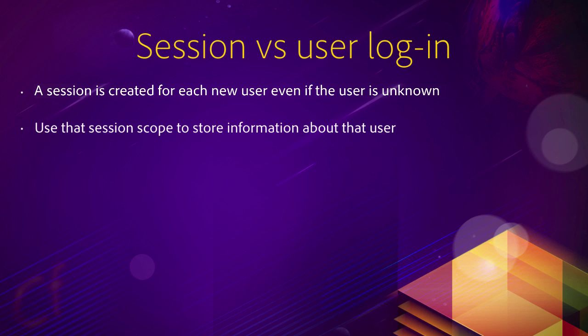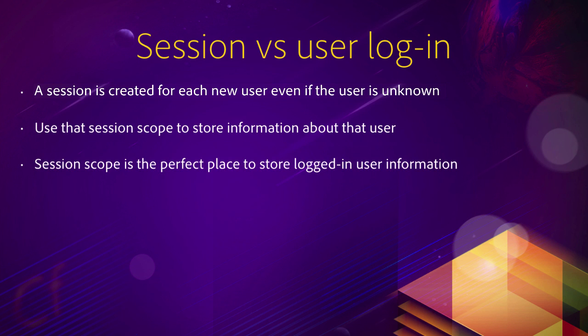When you browse an online store, you first put stuff in your shopping cart, and then you proceed to checkout, where you finally identify yourself to the application. It means that when you were browsing the online catalog, the application had to maintain your shopping cart, even though you were not yet logged into the application. Of course, if you set up a login and logout system on your website, the session scope is the perfect place to store the user information, but it is critical to understand that the session scope itself exists way before you decide to store login information in it.